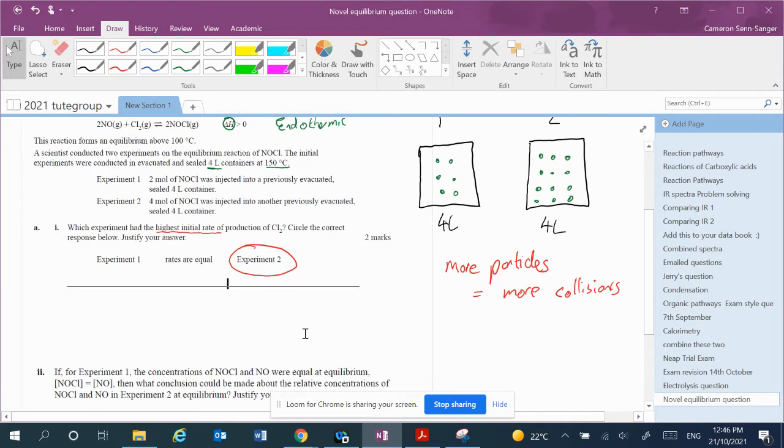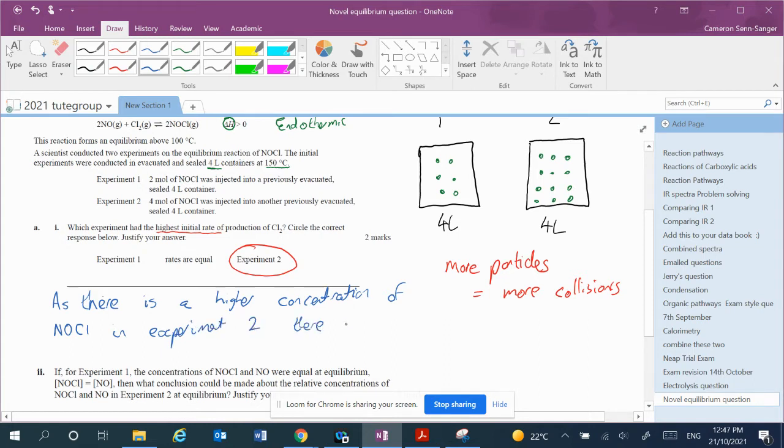But what we need to say is, as there is a higher concentration of NOCl in experiment 2, there will be more, now keyword, successful collisions.